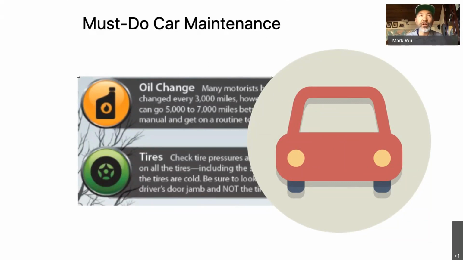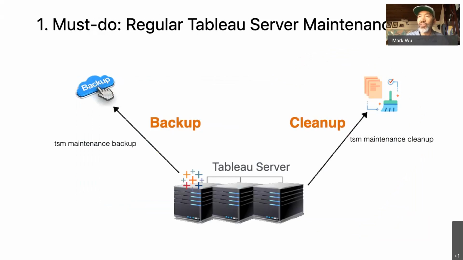Those regular car maintenance tasks become so critical that even some car manufacturers, when you get new cars, include some of those services in the package. Or if you buy new tires and don't do a regular tire rotation, they may not give you the warranty later on if things happen.